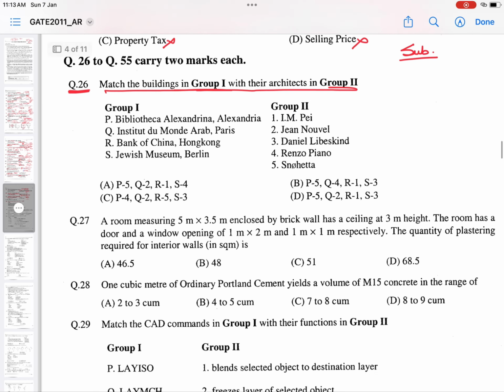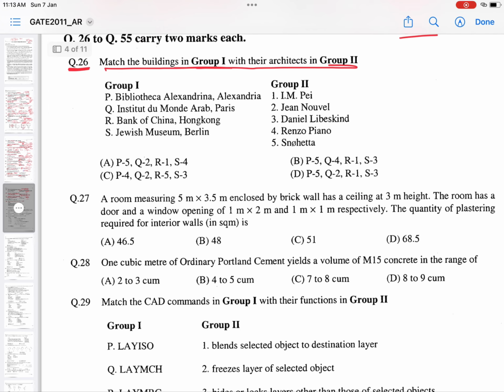Question number 26. Match the building in group 1 with their architects in group 2. So first we have Alexandria, Institut du Monde Arabe, Bank of China Hong Kong and Jewish Museum Berlin.